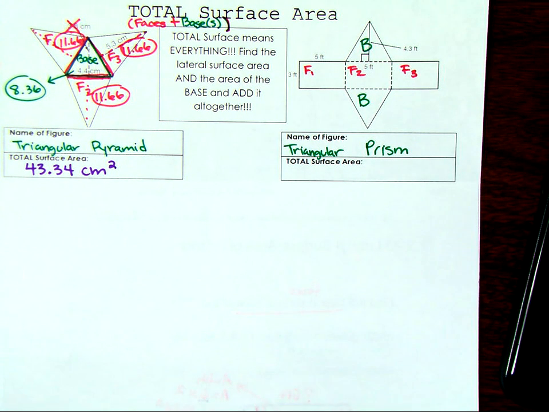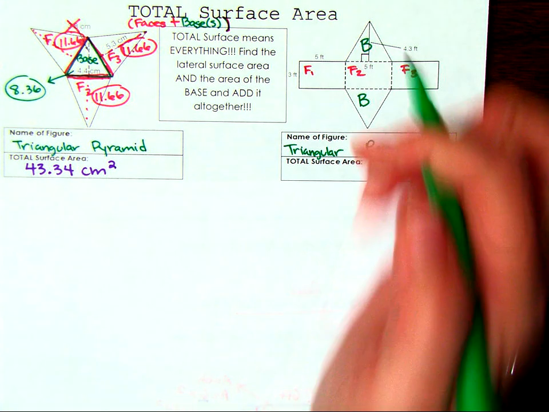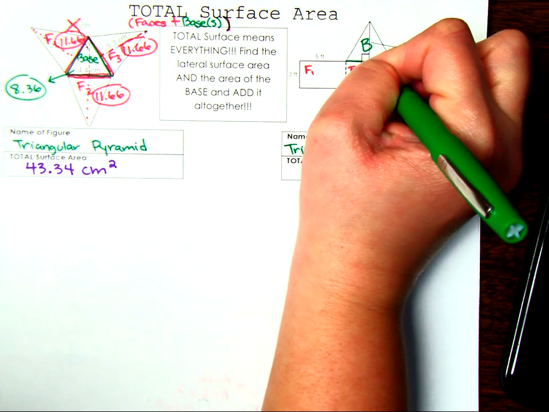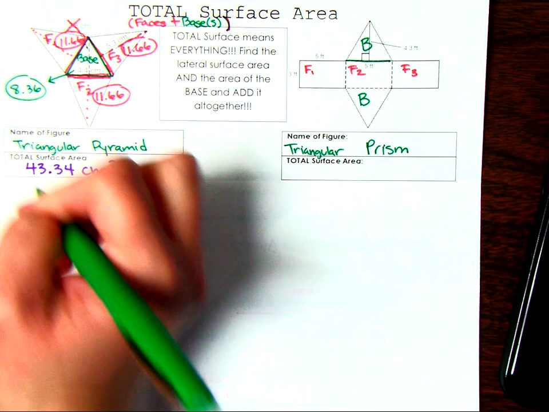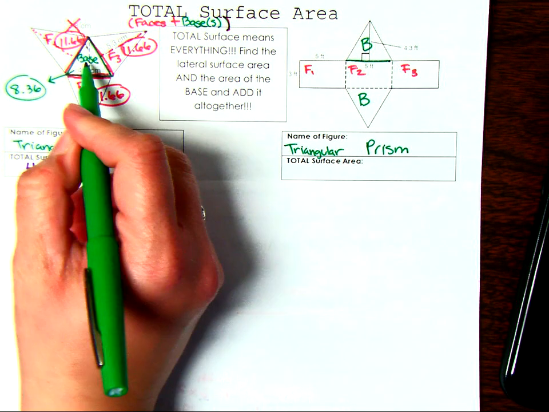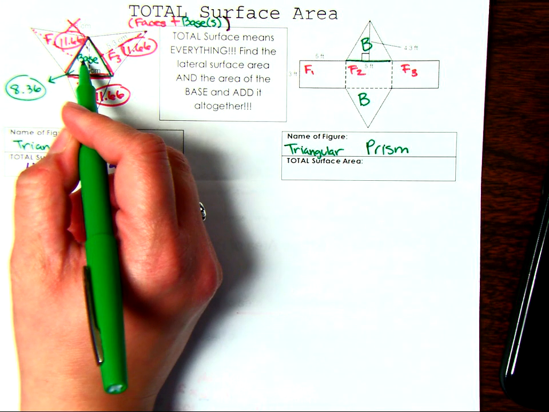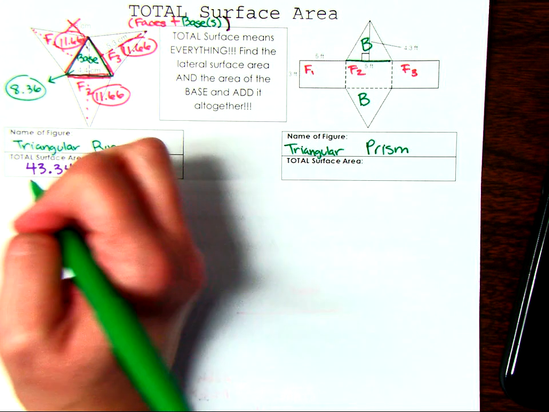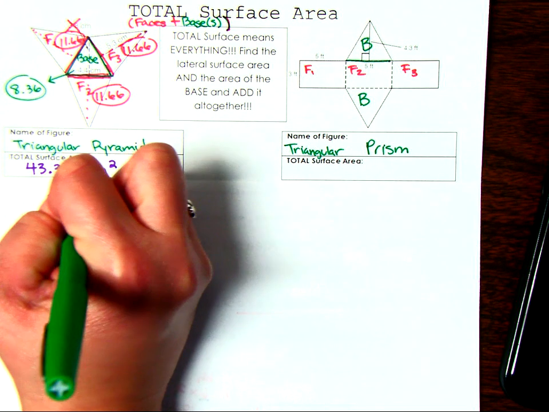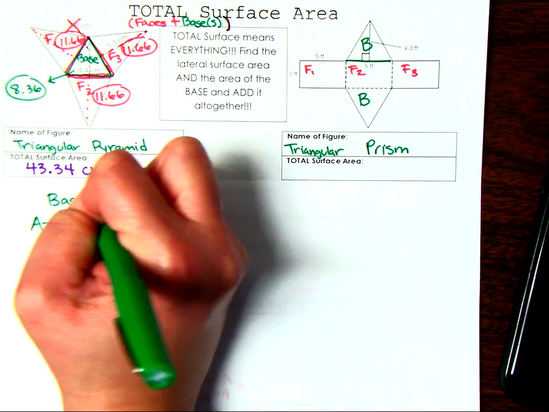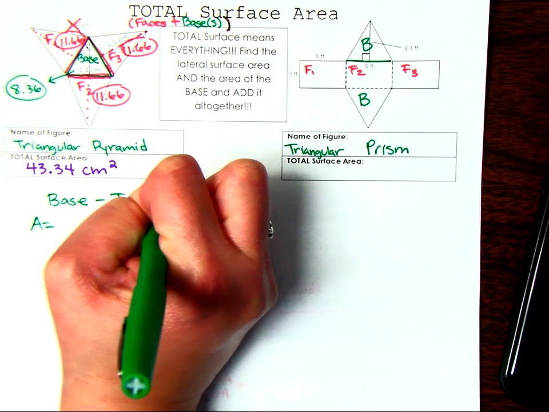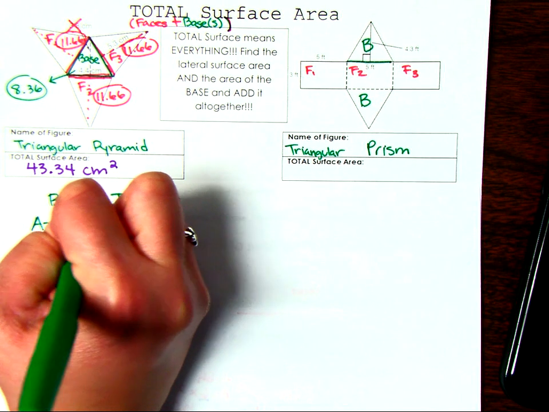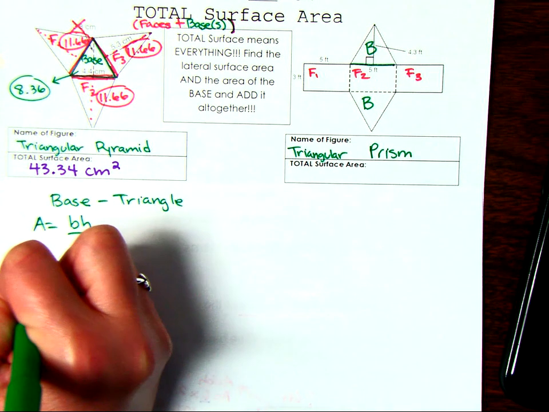Okay? So let's look at the area of the bases. This base is a triangle. I know that sounds funny, because you're saying base as in what that shape is, and then base of the triangle, so just think about it differently. So the base is a triangle, so we're going to use the area formula for a triangle: base times height divided by 2.